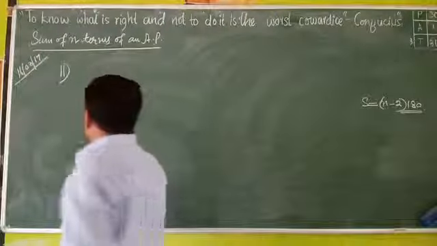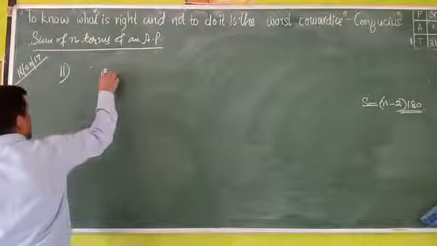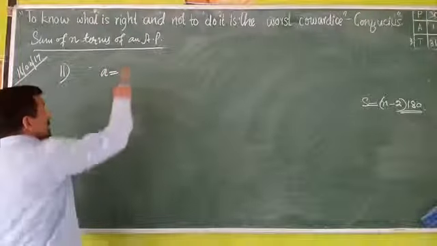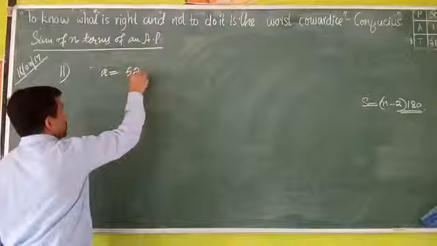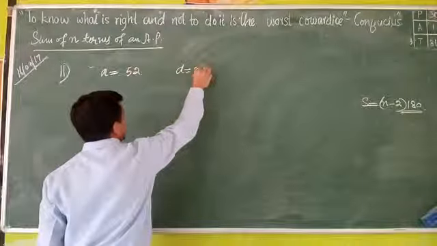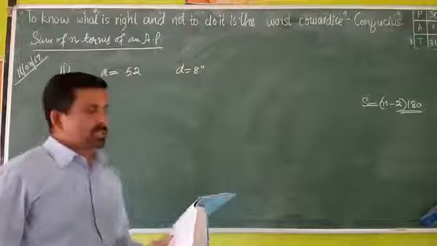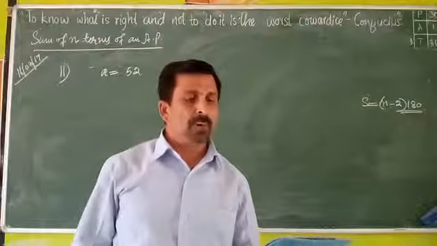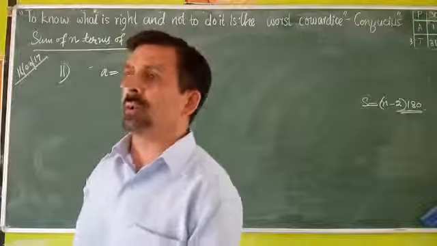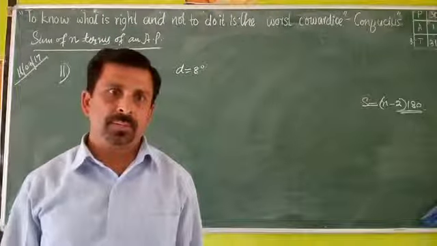Look here. The smallest angle, that means the value of a, is 52 degree and the common difference is 8 degree. Now the question says, find the number of sides of the polygon.